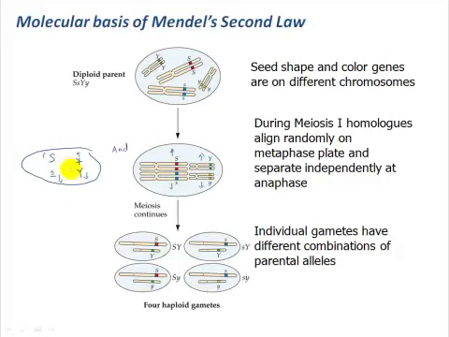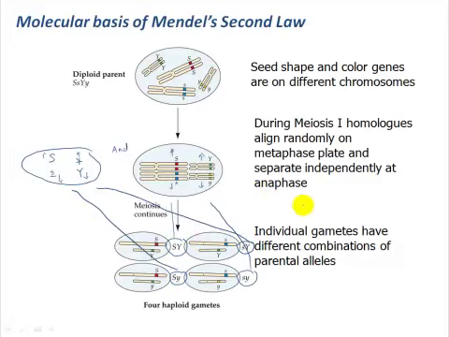And if we look at the gamete population as a whole, they're going to be the outcome of both of these potential alignment configurations. And so this dominant S, dominant Y, and recessive S, recessive Y gamete came from that alignment configuration. This recessive S, dominant Y, dominant S, recessive Y came from this alignment configuration, right?